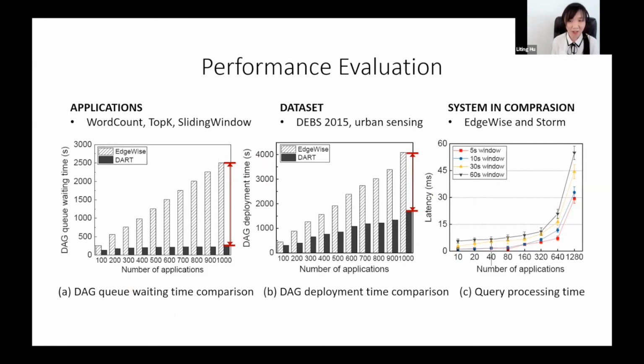This is because EdgeWise and Storm both use a centralized architecture. Their queue waiting time and deployment time increase linearly as the number of applications increases. In contrast, Dart avoids the scalability bottleneck because Dart's decentralized architecture does not rely on any centralized master to deploy and analyze DAGs.